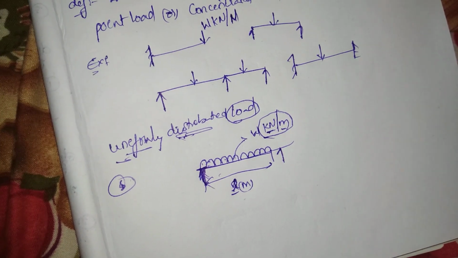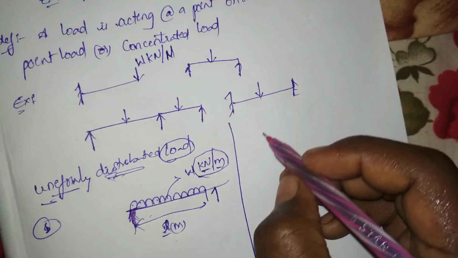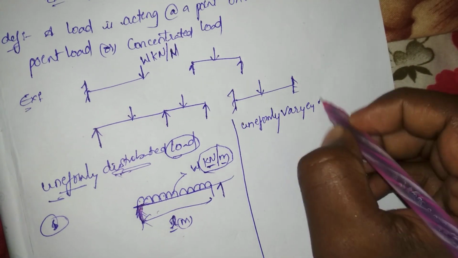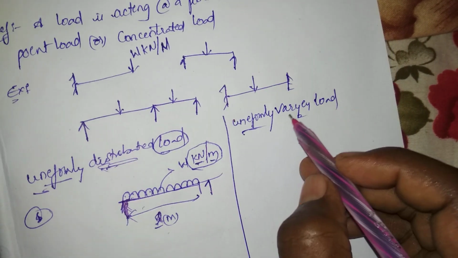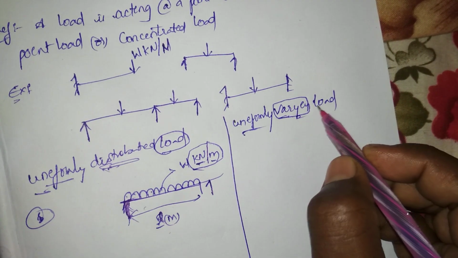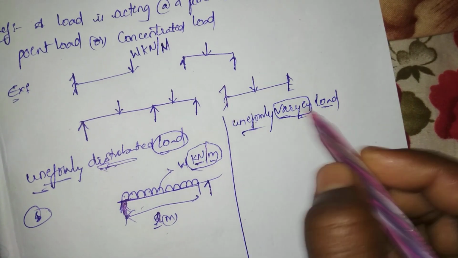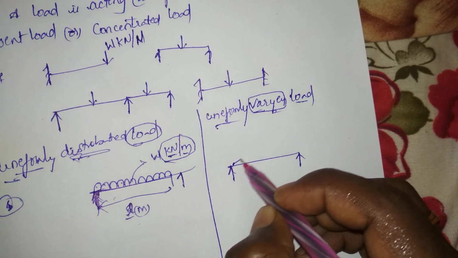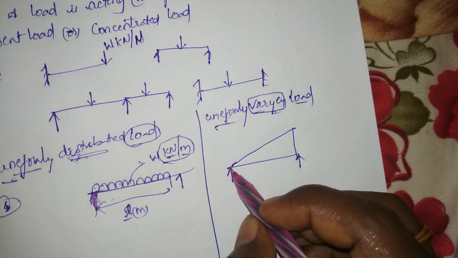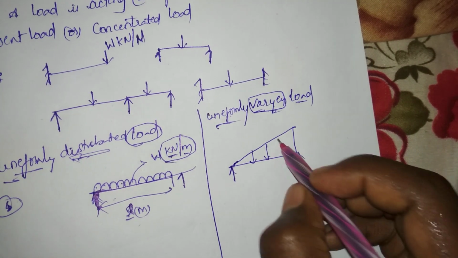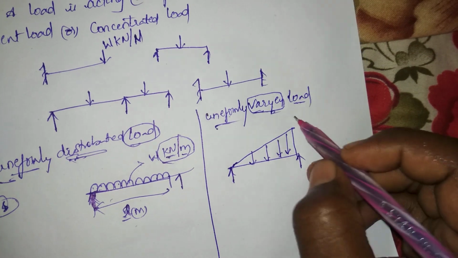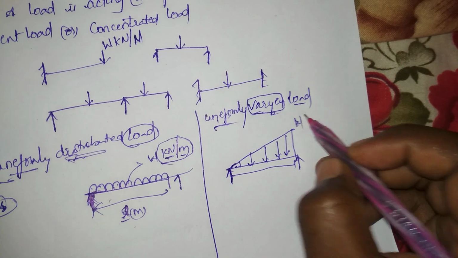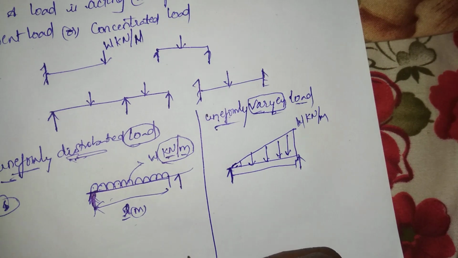Next, uniformly varying load. In the name itself, it is varying. The load is varying uniformly, such as how this varies. This varies from 0 to some extent, like W. The unit of our load is W. This is varying uniformly throughout some span, so W kilonewton per meter.